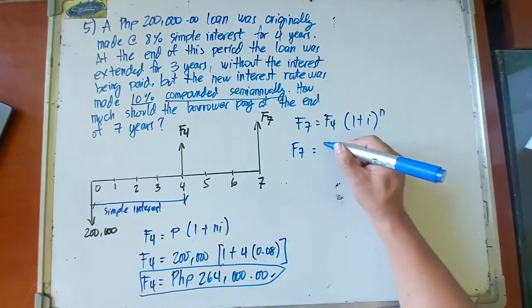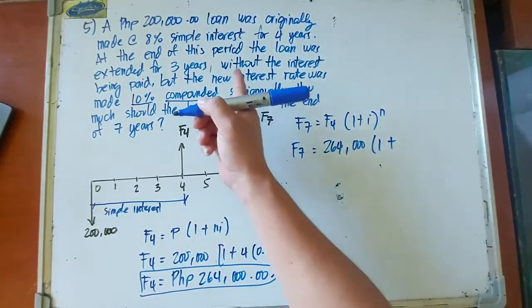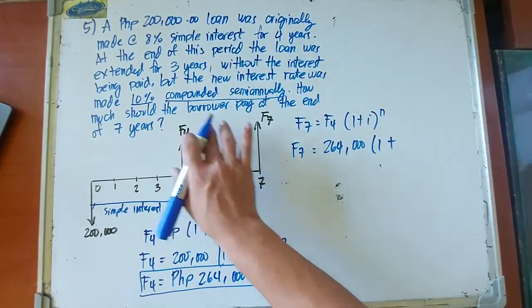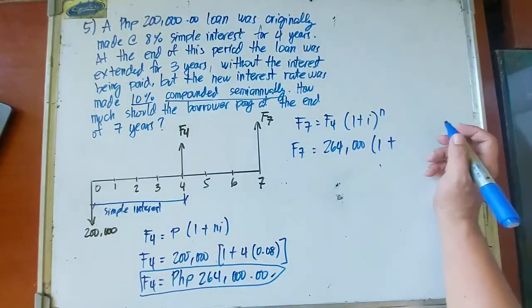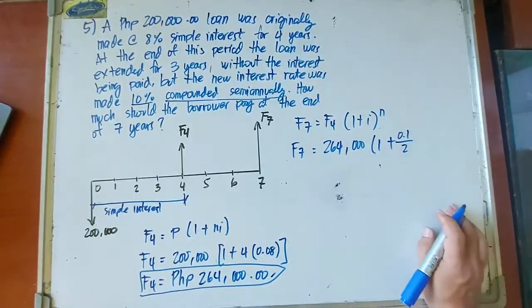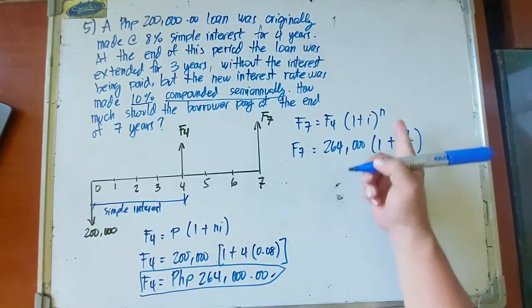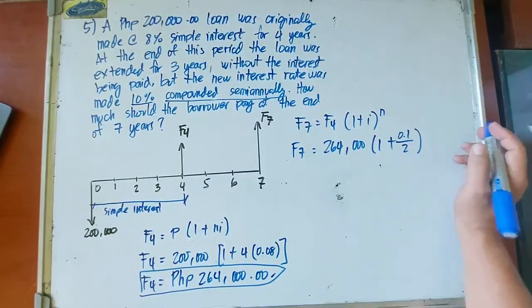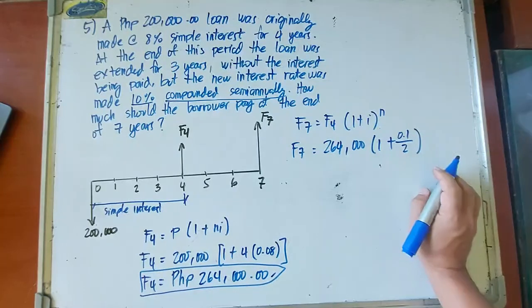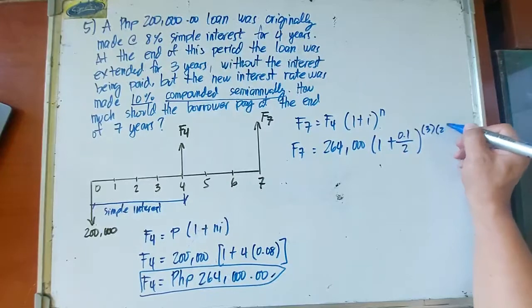Our principal is 264,000 times 1 plus I. The nominal rate is 10%, compounded semi-annually, so 0.1 divided by 2, twice a year, raised to N. N here is the extension of 3 years, but since it is compounded semi-annually, we multiply by 2, so 3 years times 2.